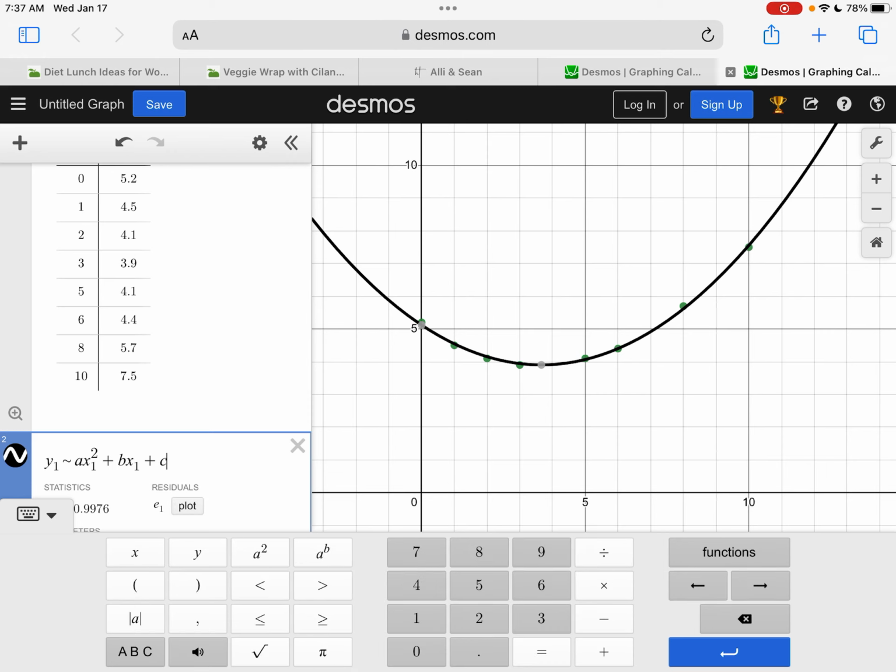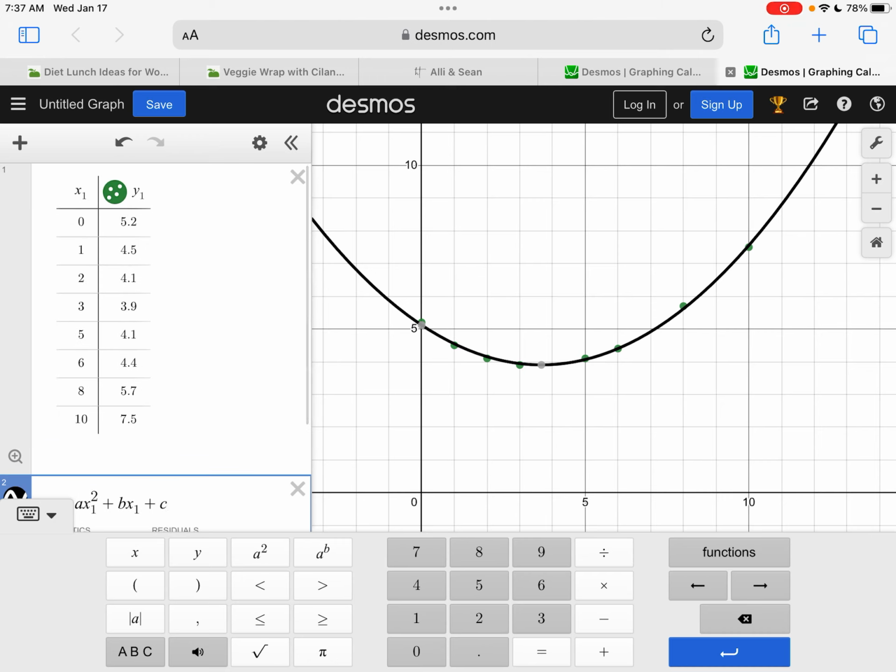So we type in standard form for a quadratic, and we use y1 and x1 because that's what our table is. Our table has x1 and y1 at the top.